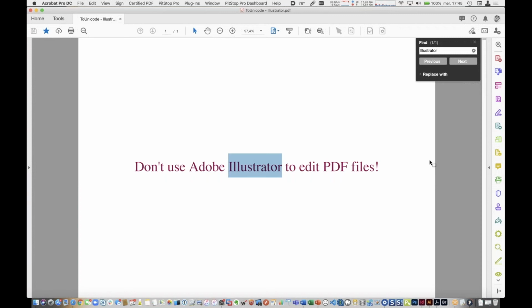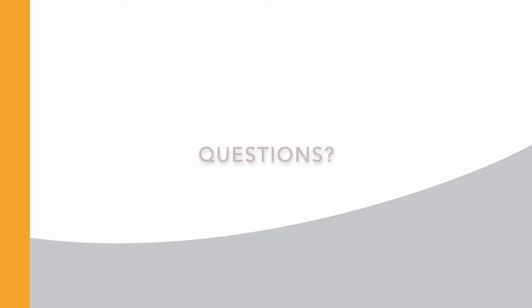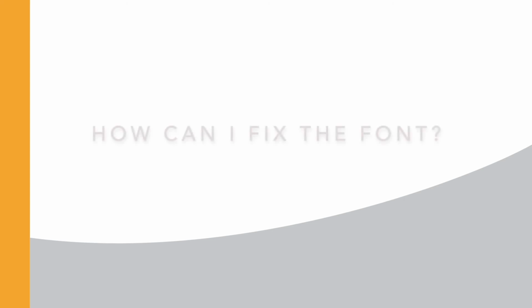The text I chose for that document is on purpose. Any questions? Not so far. I'll just add something to that, because I know what the next question is that I normally get from clients: how can I fix this? You cannot. There is no good way to do that.